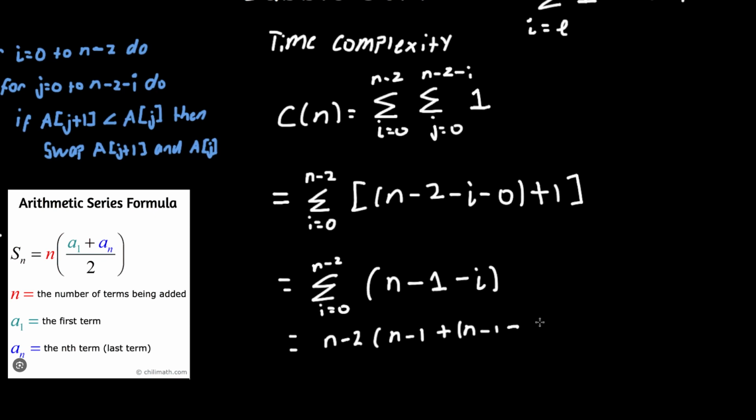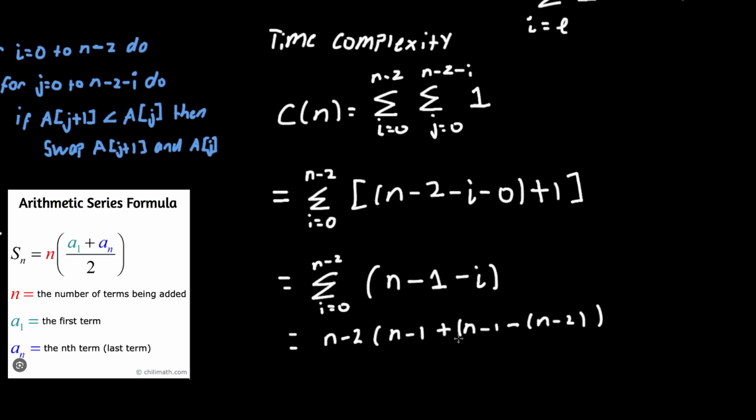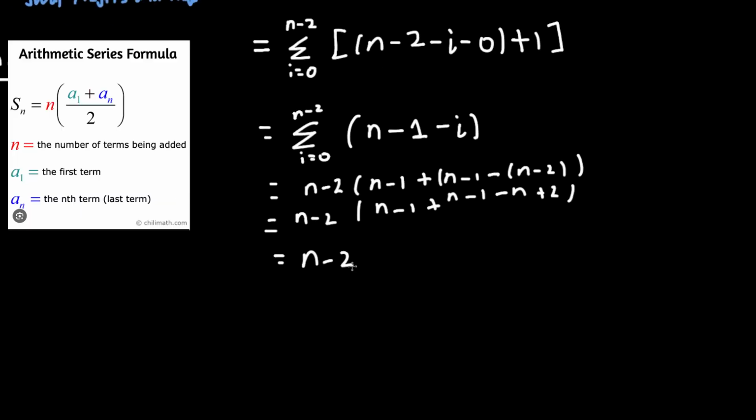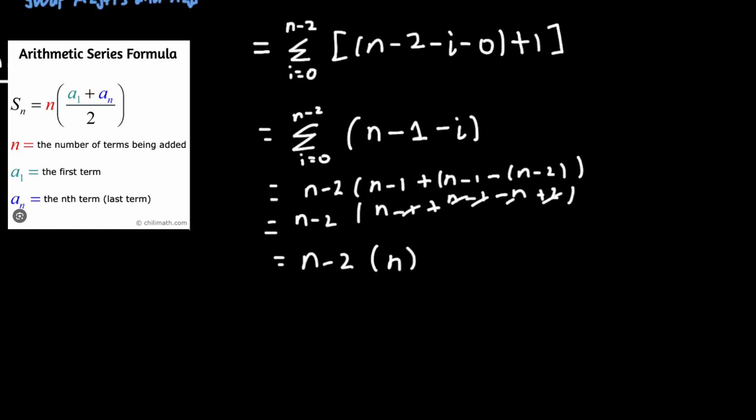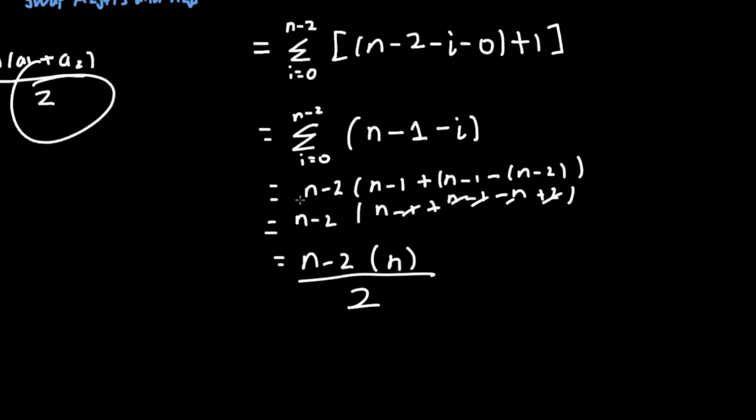Now let's just expand this real quick. Get the minus 2 up here, divided by 2. So let's add that. And there you have it. So that is our answer.